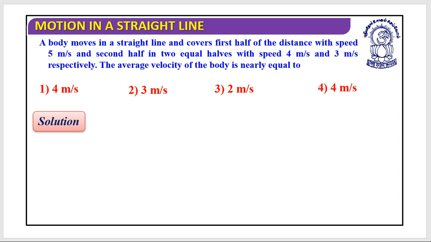A body moves in a straight line and covers the first half of the distance with a speed of 5 meter per second, and the second half in two equal halves of time with speeds 4 meter per second and 3 meter per second respectively. You need to find out the average velocity of the body.